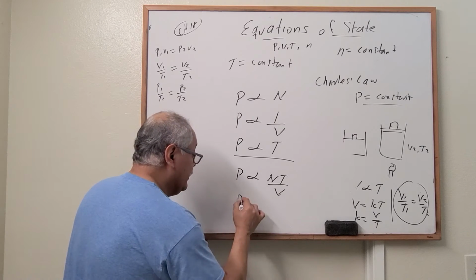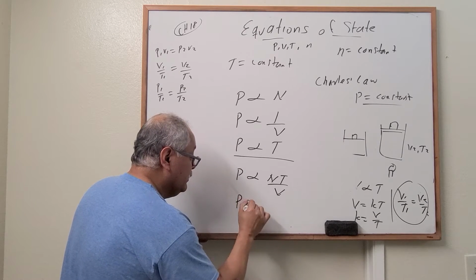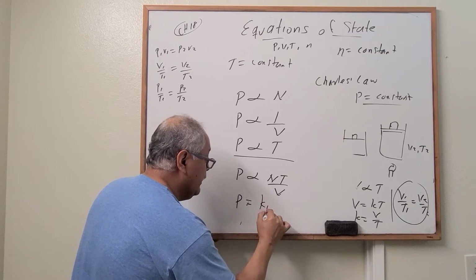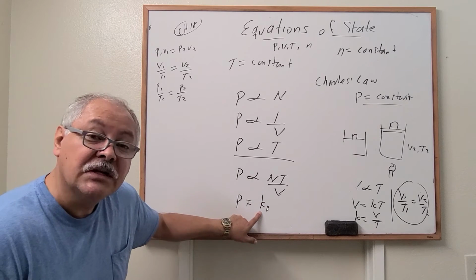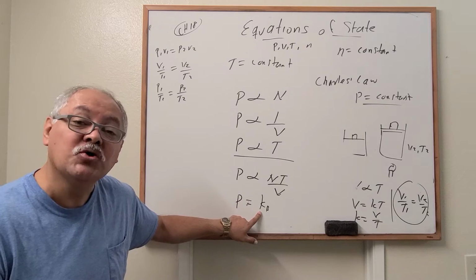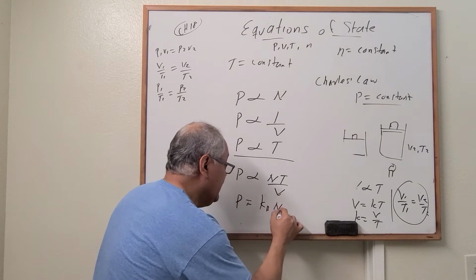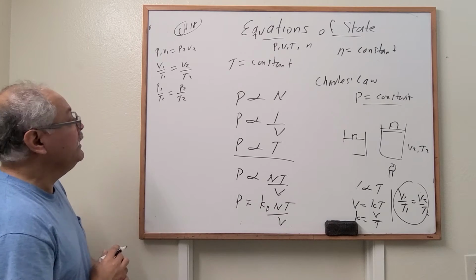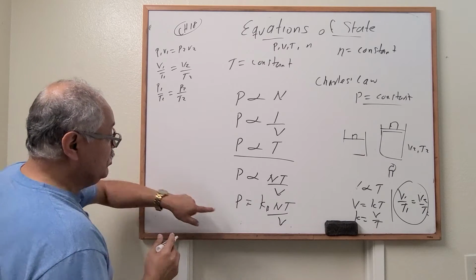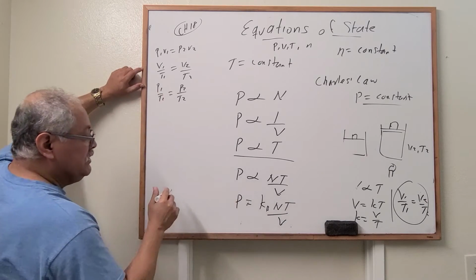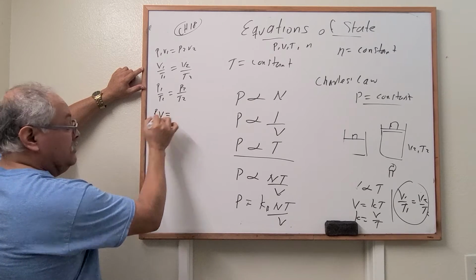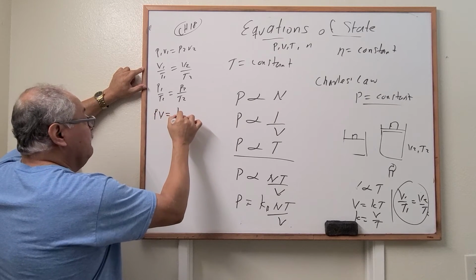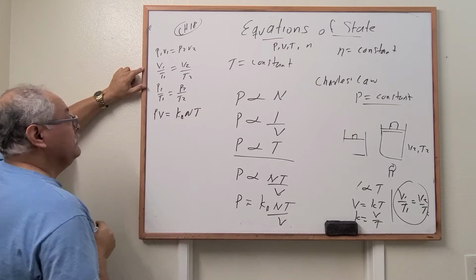So pressure now is equal to Kb, a special constant called the Boltzmann constant, times N times T divided by V. Correct. And we rearrange this equation this way: PV is equal to Kb N T.